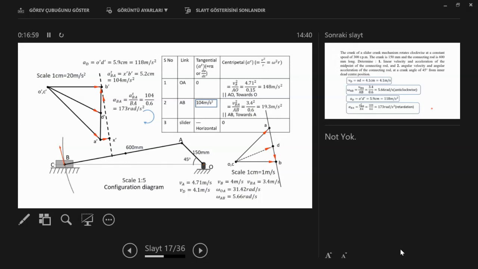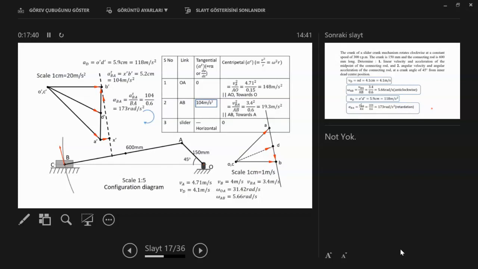We can first draw the acceleration of A, the normal component. We make the calculations, and then we can write this is the normal component of A. Is there a tangential component? No, the tangential component is 0.